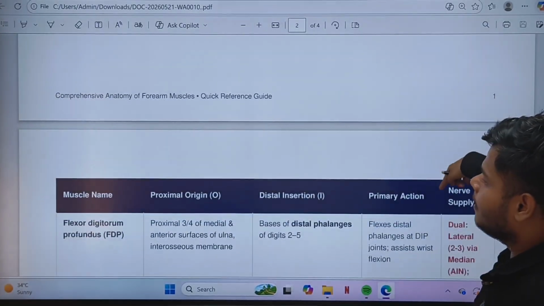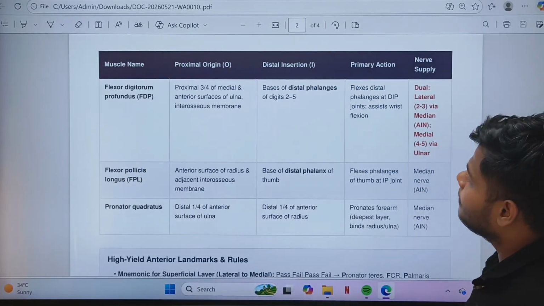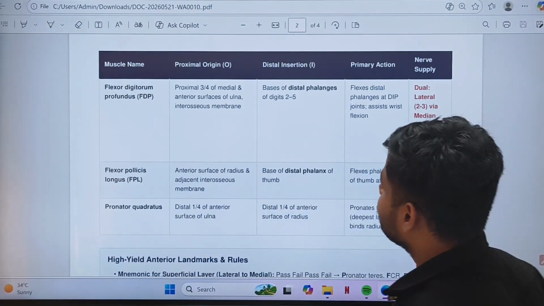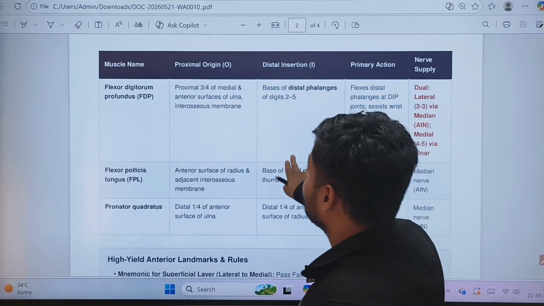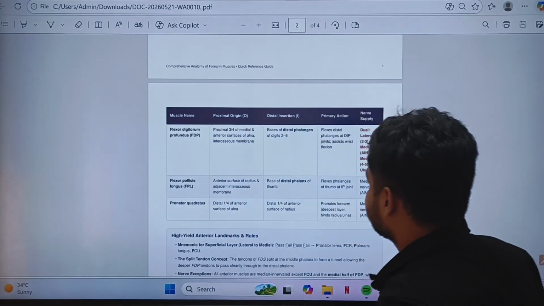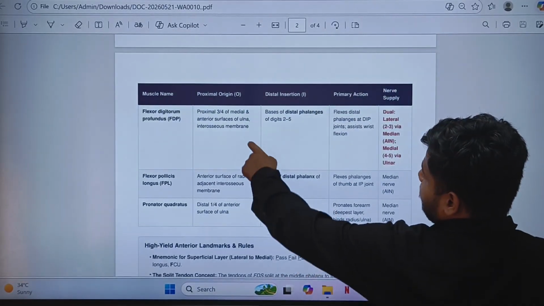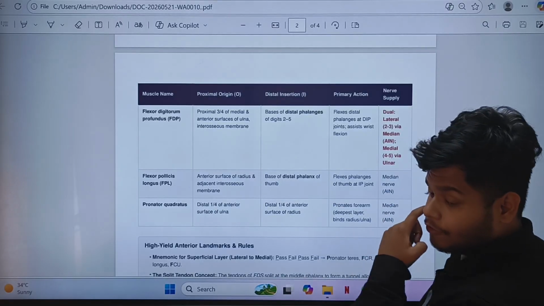It is supplied by the median nerve. Now the deep layer. The deep layer contains probably three muscles, the first being flexor digitorum profundus. Here is flexor digitorum superficialis, and here is flexor digitorum profundus. It originates from the proximal three-fourths of the medial and anterior surface of the ulna and the interosseous membrane.